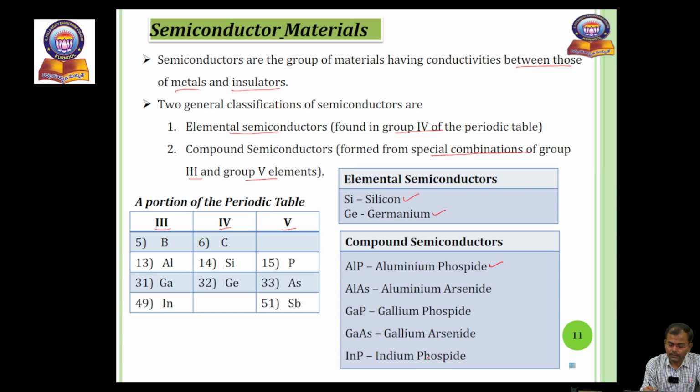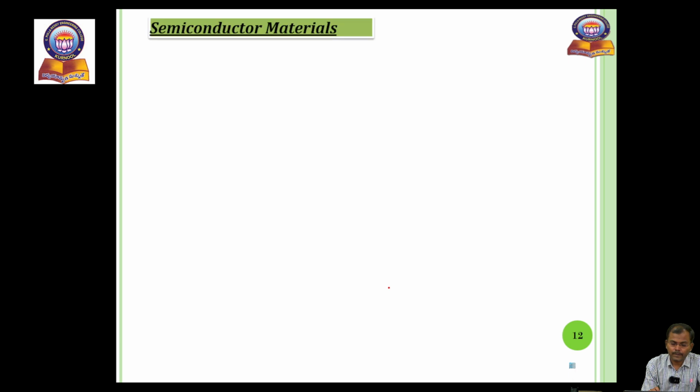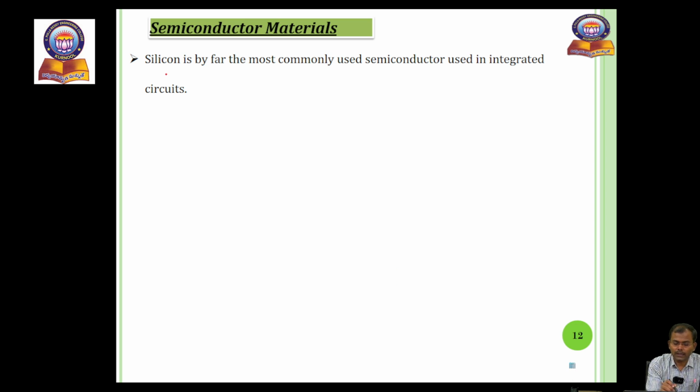So these are the materials where the third group elements are combined with the fifth group elements. Then they are called compound semiconductors. Of silicon and germanium, silicon is most preferably used in the manufacturing of integrated circuits because of its availability.